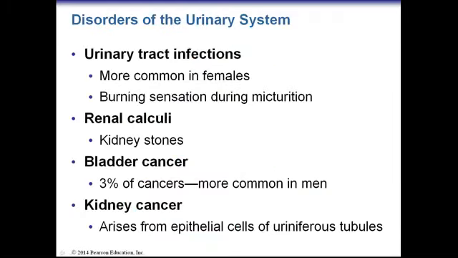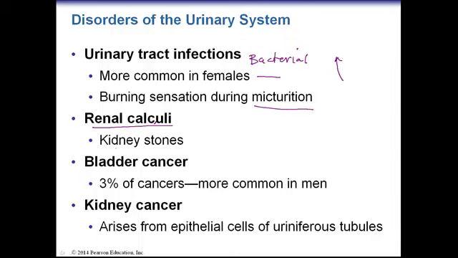So the disorders we have are urinary tract infections. In most cases, they're bacterial. And most of the time, it's bacteria moving up the urethra. Okay, and it causes a burning sensation when peeing. Peeing is called micturition.